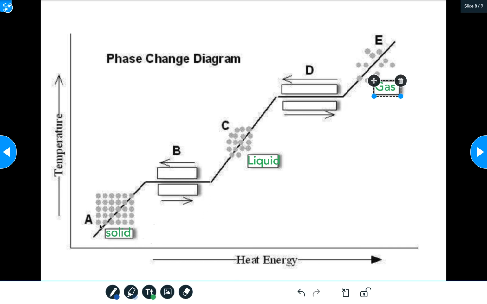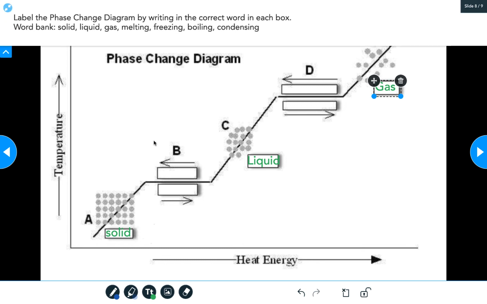So let's just start with going from solid to liquid. And let's focus in this area right here. So if we're going from a solid to a liquid, this arrow right here, let's look back at our word bank. Solid to a liquid. Would that be boiling? No, I don't think so.